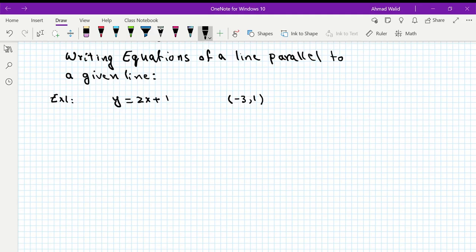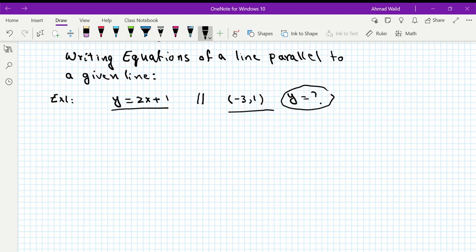And these two lines are parallel. When I draw these two lines like this, the meaning is that these two lines are parallel. This line has the given equation, and with another line here I don't know the equation, I have to find it, but they only give me one point of the line. It means the line will pass through that point. They are parallel. They are asking you to write the equation of the second line.